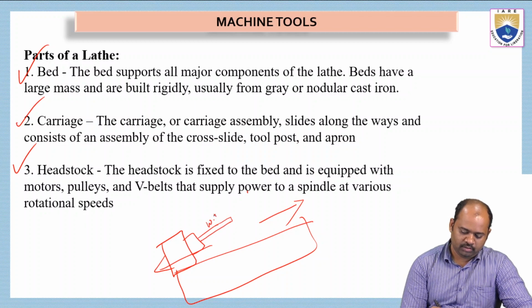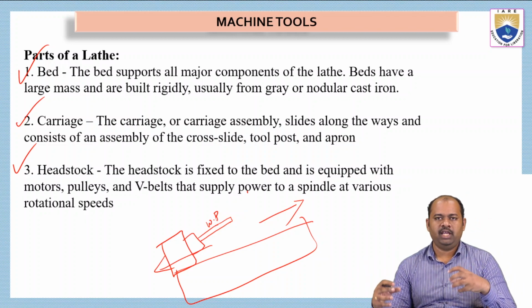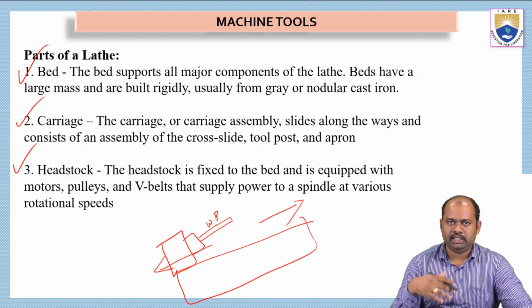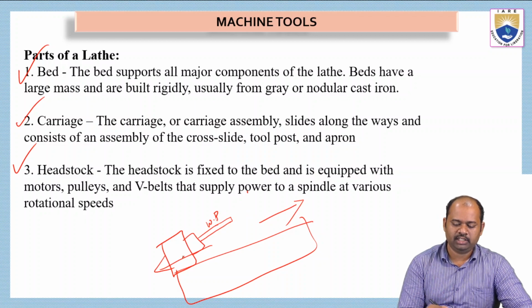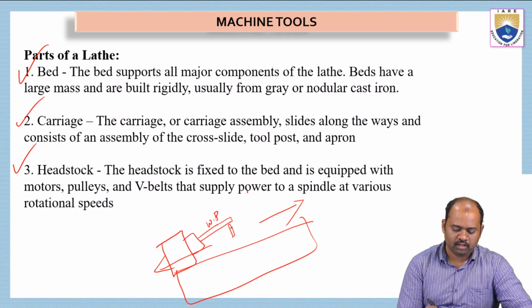What happens if the workpiece is very long? It may wobble around when it is rotating. We know that the spindle will be rotating in clockwise or anti-clockwise directions. When it is rotating, we have to keep the tool here in order to remove material from the workpiece.